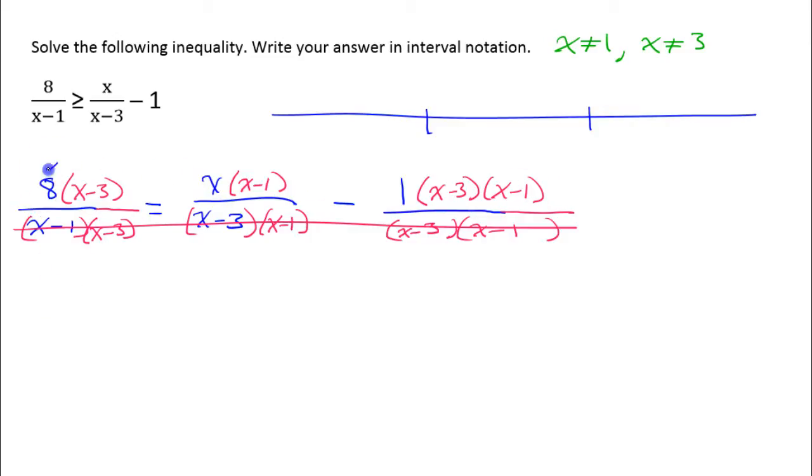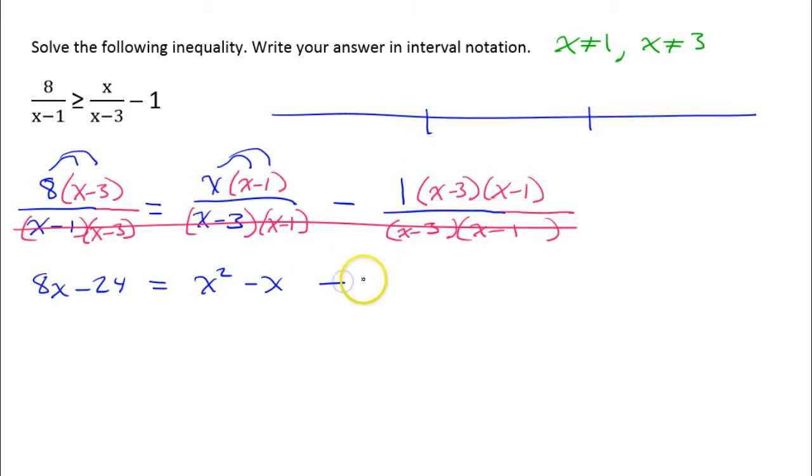So this is going to be 8x minus 24 is equal to x squared minus x. Now I'm going to need to distribute this negative 1 throughout, but I can't do it while I still have a binomial times a binomial. So let's go ahead and get the trinomial from this first.